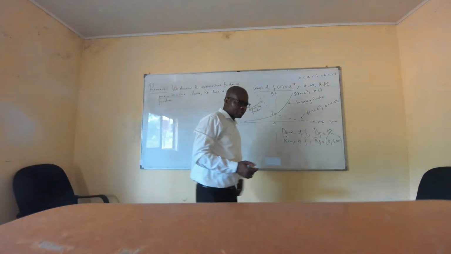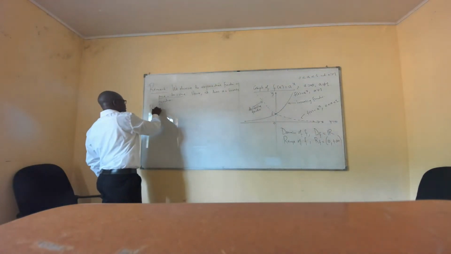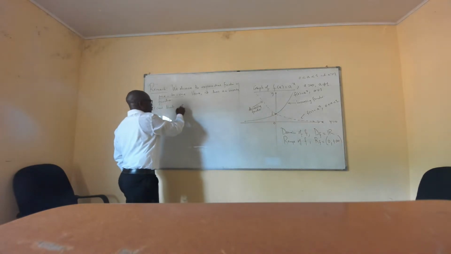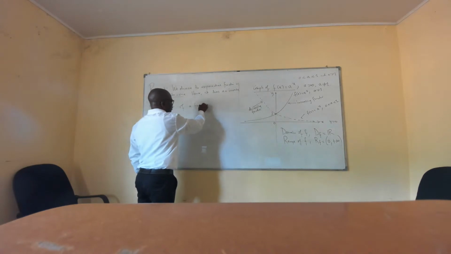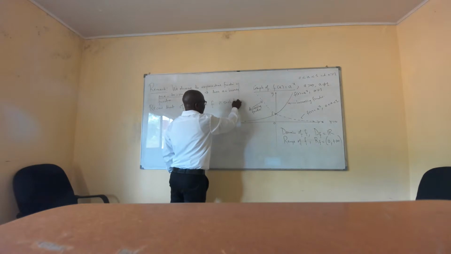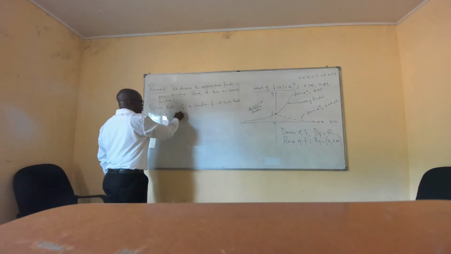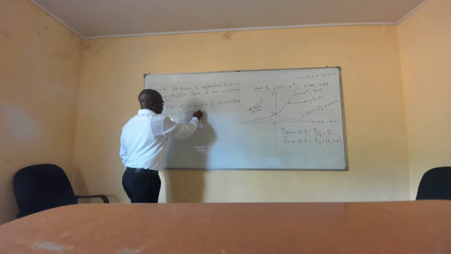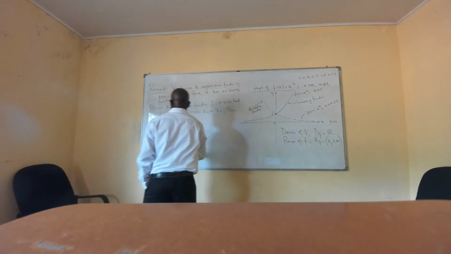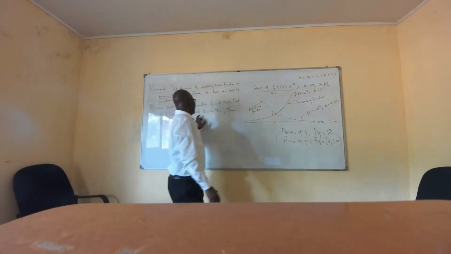So since it is 1 to 1, recall that if a function f is such that f at x1 equals f at x2 implies x1 equals x2, then f is a 1-to-1 function.